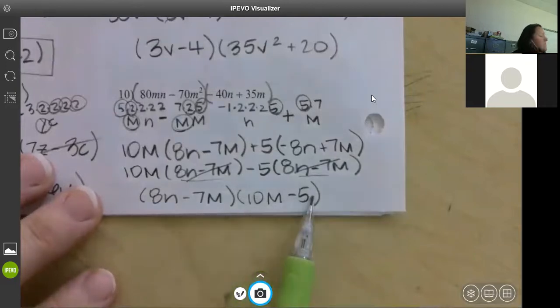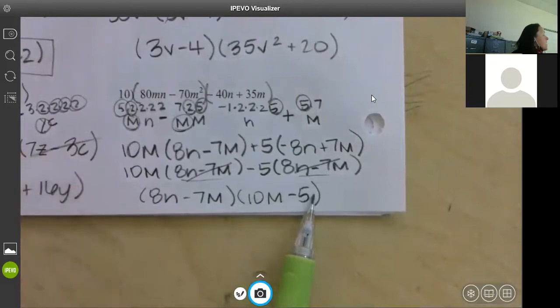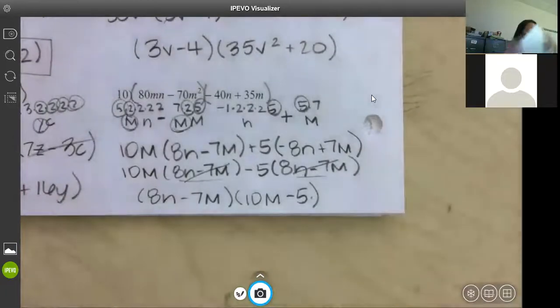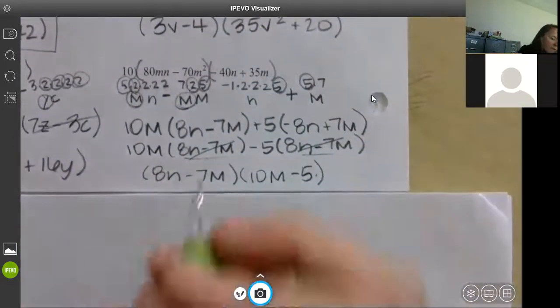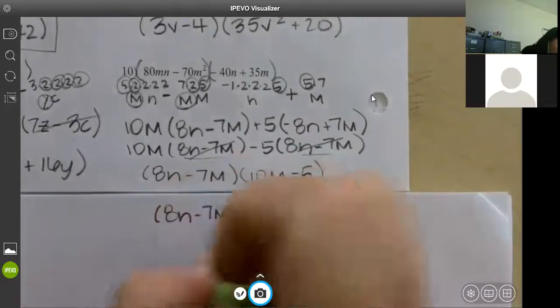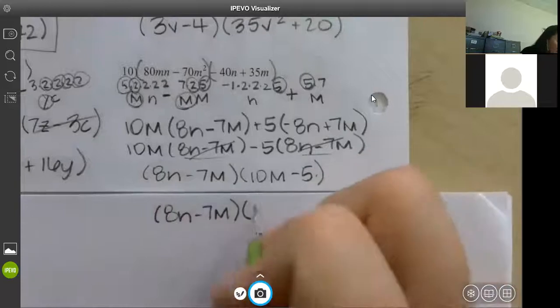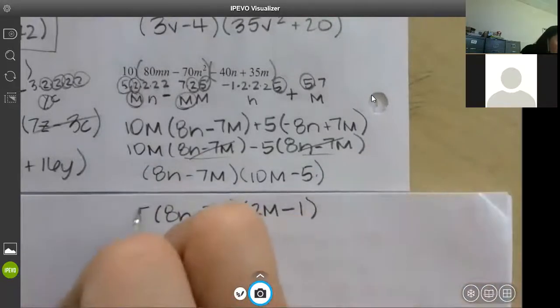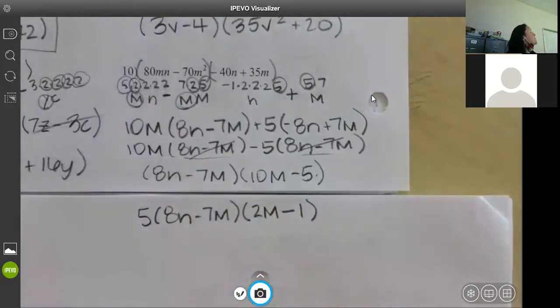What's in common between 10 and 5? Another 5, right? So I could have taken out another 5. So you might see it look like this. 10 divided by 5 is 2. 5 divided by 5 is 1. And they might have the 5 on the outside. So if you see an answer like that, don't freak out. That just means that you have a GCF, okay?